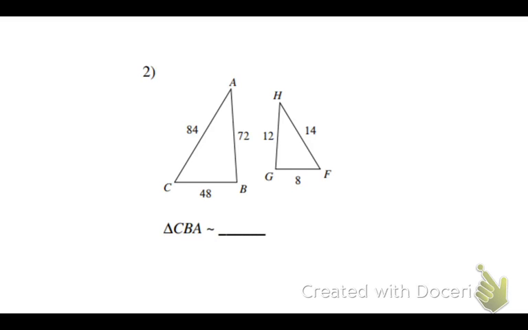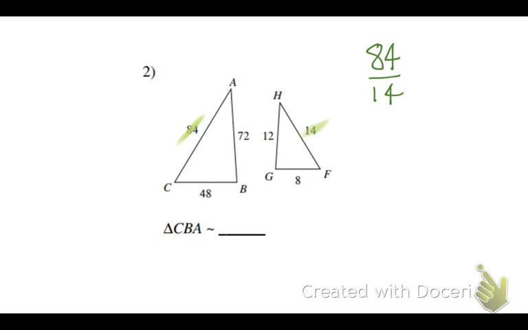So what I am going to do is highlight the largest side in each triangle. So I've got side 84 and the side that's 14. So side CA is 84 units long, side HF is 14 units long, so I'll write a ratio 84 over 14.